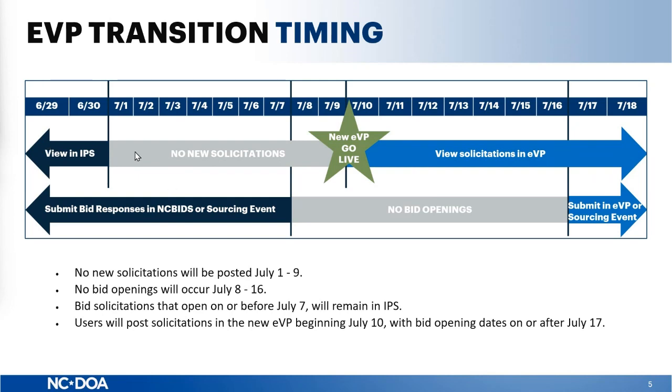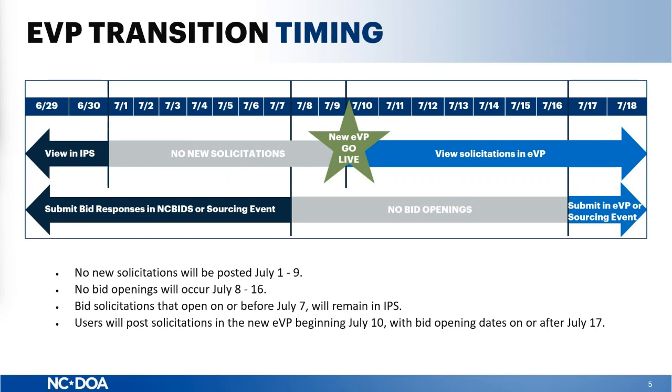So at this point, if you are trying to post something by June 30th, it's going to have a bid opening date of July 17th or after. If it is not an urgent thing that definitely needs to be opened on July 17th or 18th, we'd encourage you to consider maybe just waiting until July 10th and then posting your new solicitation in the new system so it doesn't start in one place and then get converted over to the other place.